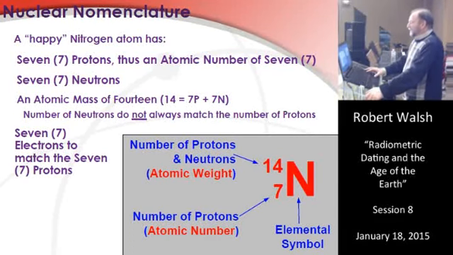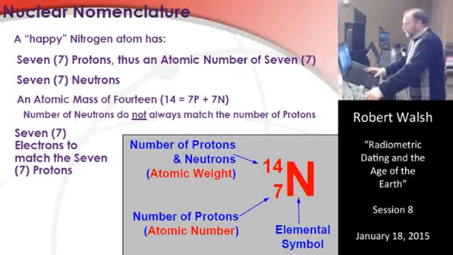And this is the fundamental state of nitrogen, and it is called the happy state, if you will. So the happy state of nitrogen has 7 protons, and it actually has 7 neutrons in this particular case. So that is the happy state of the nitrogen atom. Okay?